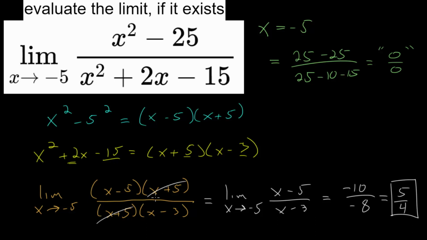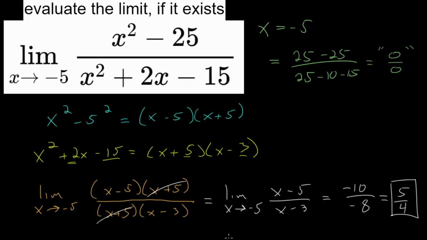But if we can make this cancellation, then we would just have a hole in the function where it wouldn't be defined. But if it was defined, it would have a y value of 5/4. Or another way to put that, which is maybe more accurate, is that the y value of the hole in our function is 5/4 when the x value of the hole is at -5.